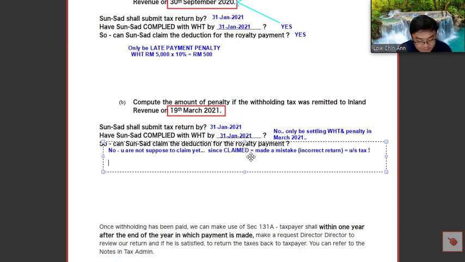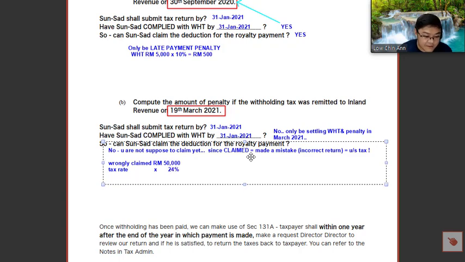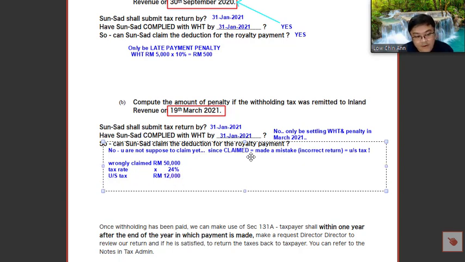You have wrongly claimed 50,000, and your tax rate is actually 24% because you're not an SME. So that means you have understated your tax by 12K.